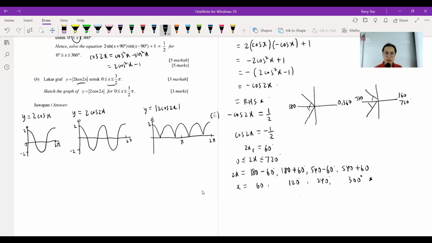Now, maximum 2, minimum 0. But the problem is you're drawing up to 3/2 pi. So 3/2 is 1.5 pi. So this is half pi. This is 3/2 pi. So you're actually drawing up to here. So anything extra I don't want, right? So I have to stop here. So you got 2 peaks here.